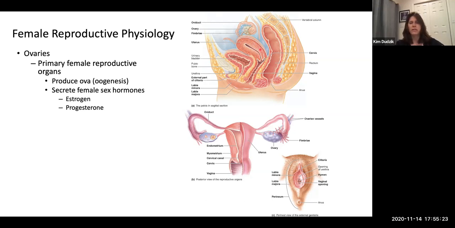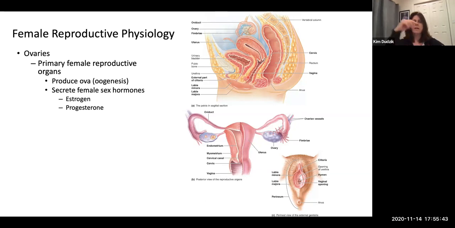Okay, the opening to the uterus inside is called the cervix, and then the continuity between the uterus and the external environment, that's the vagina. That's a muscular tube opening to the external environment. Notice that here's the urinary bladder I mentioned before, and the urethra.